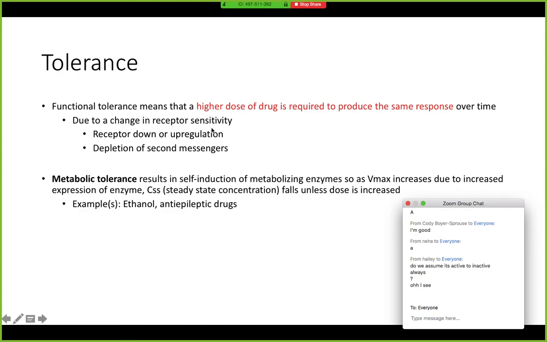So I think she talked about filling a prescription for a cancer patient who was taking a very strong pain medication. And in us, that amount probably would have killed us. But in that patient, because she had a functional tolerance, she required a much higher dose to get the same effect because the receptors were less sensitive to that drug over time.